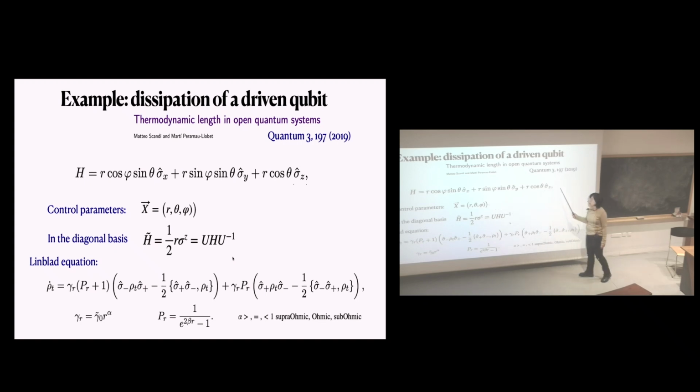This is the Hamiltonian in the lab frame, and the Hamiltonian is diagonalized with some unitary transformation, and the dynamics is written. It is assumed that the dynamics for the density matrix is given by this Lindblad equation. So this is a typical Lindblad equation, in this case for a single qubit.